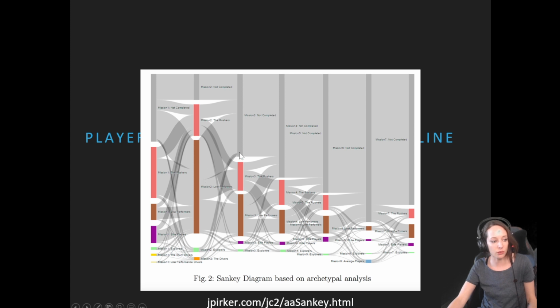Here you can look at the single players who dropped out and who did not. But you can also see some of the low performers became rushers from mission 2 to mission 3, someone who just wants to finish the game but is not so interested in exploring everything. Did you provide enough features for them to go through some of the missions more quickly? Those are questions again for you as a game designer to ask yourself.